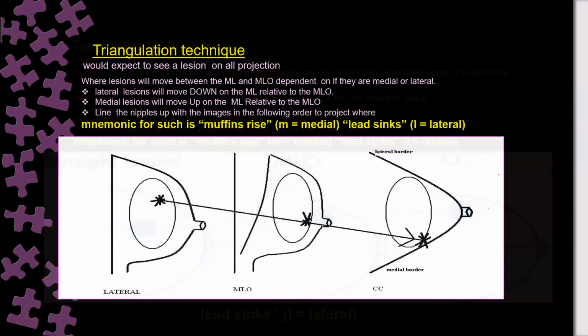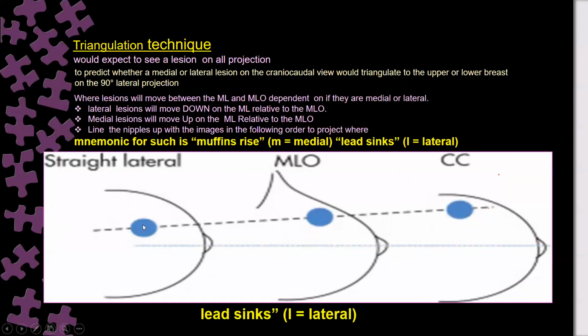Okay, and here it obviously moves down from the MLO and is found to be on the lateral view. When you draw a line, it's like that.